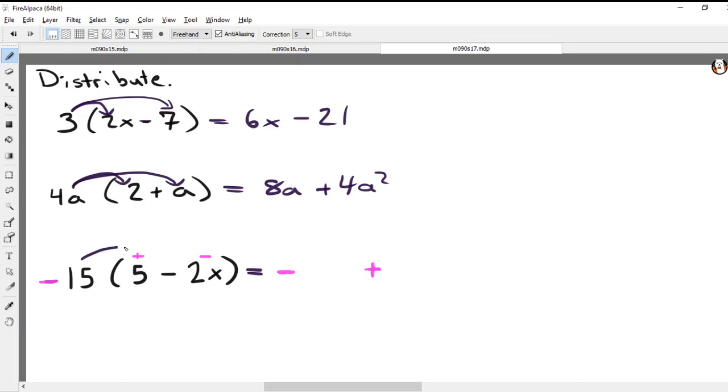So this is going to be equal to 15 times 5, which is 75, and 15 times 2, which is 30. So negative 75 plus 30x. And that's how we distribute. Next round of problems.